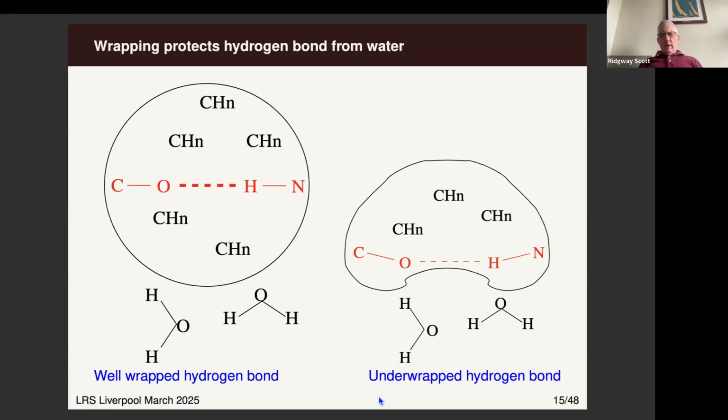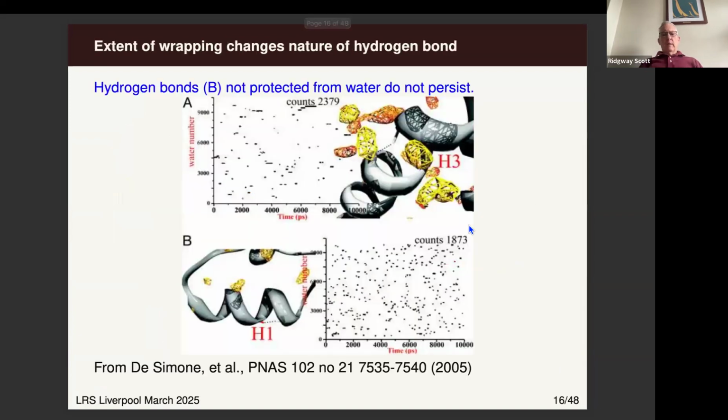So this we call the underwrapped hydrogen bond, or dehydron. It's something which is susceptible to being weakened by the approach of water. And so that's our concept. That's why we count these carbonaceous groups to get a rough idea of the hydrophobic environment around a hydrogen bond and any potential changes that occur with that.